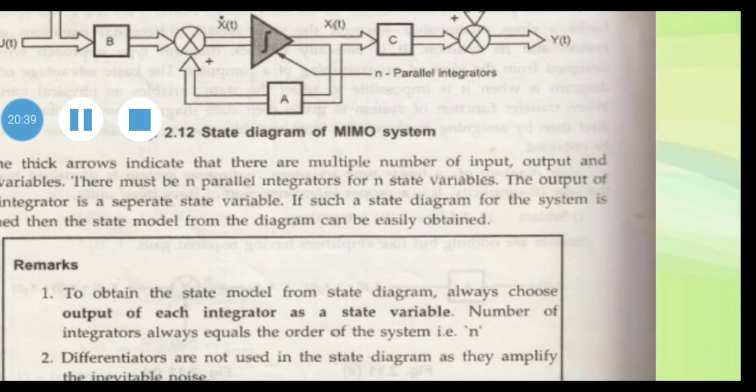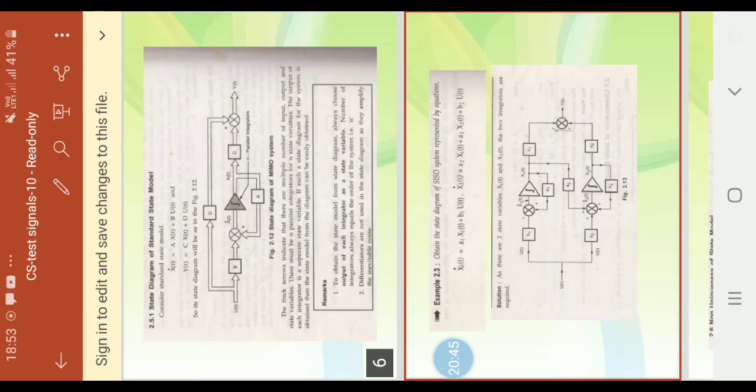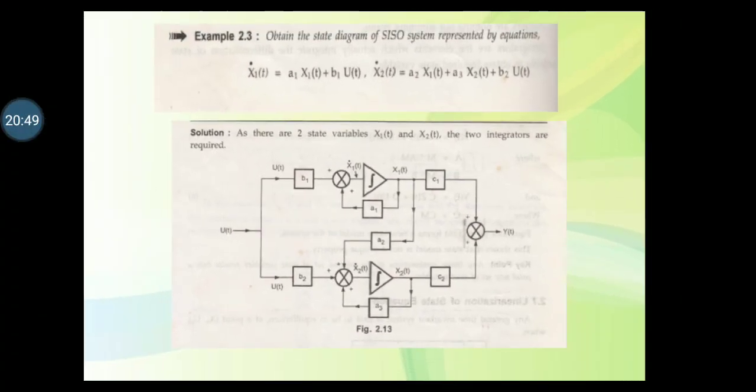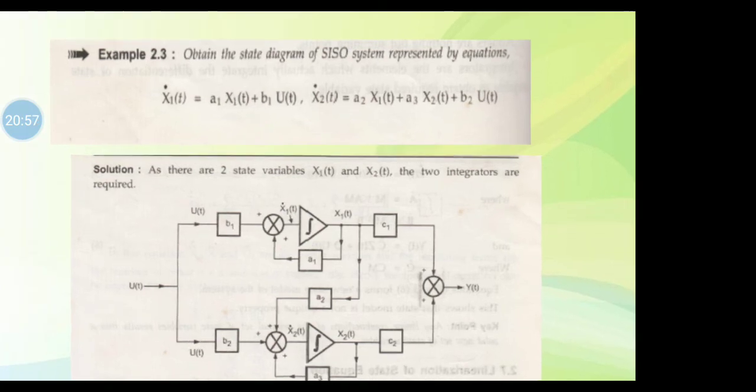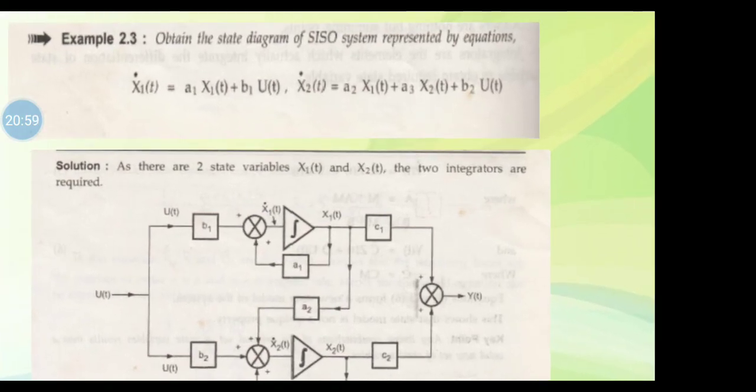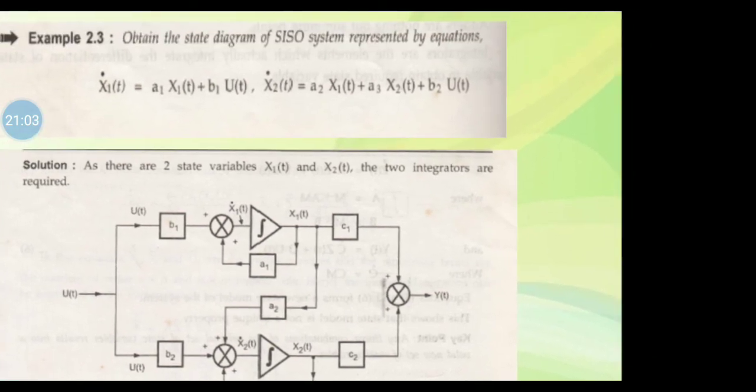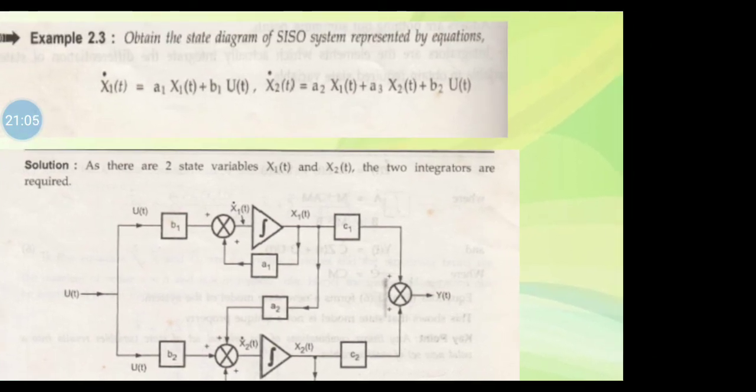We'll take a problem. The statement of the problem is, obtain the state diagram of a SISO system represented by equations x1 dot of t is equal to a1 x1 of t plus b1 u of t, x2 dot of t is equal to a2 x1 of t plus a3 x2 of t plus b2 u of t.